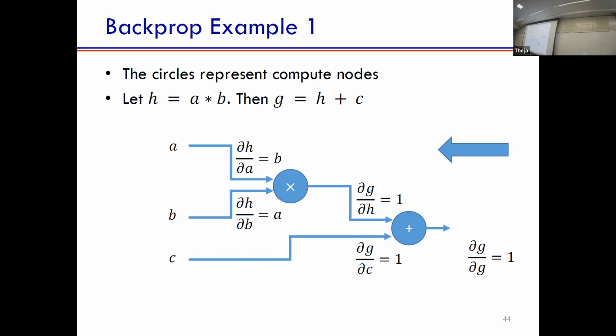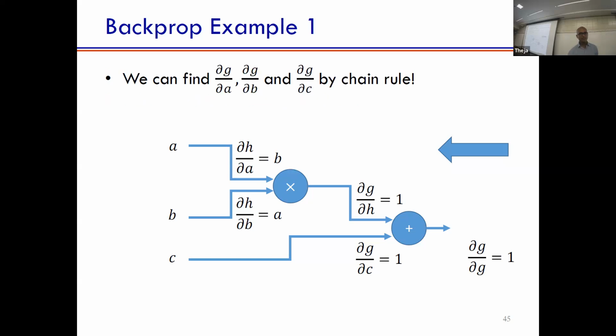There is an incoming partial derivative equal to 1. So 1 times B is what's passed back here. Similarly, 1 times A is passed back here, and here it's just 1. So based on that, the partial derivative of G with respect to A is B.